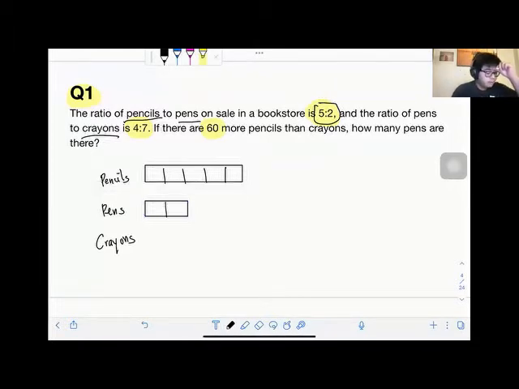So ang ibig sabihin ng 5:2 is kung yung isang box ni pencils at yung isang box ni pens represent the same value or magkasing laki lang sila, and then yung pencils, 5 yung box niya at yung pens, 2 yung box niya.